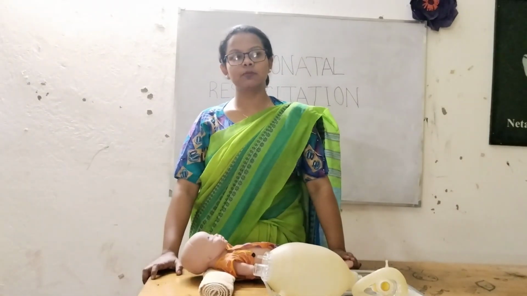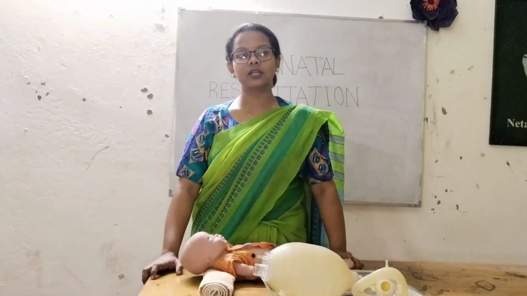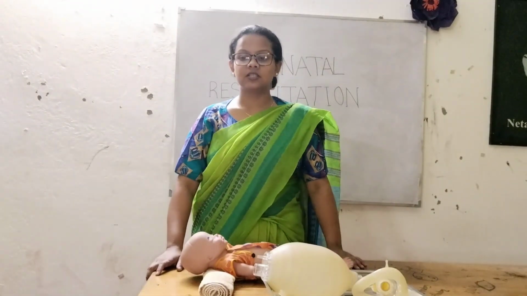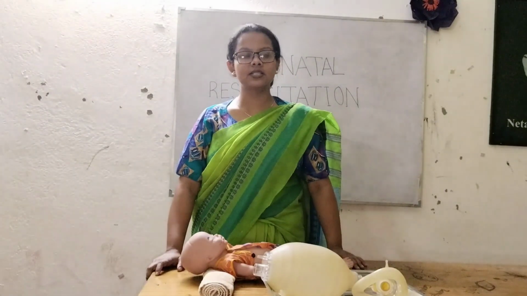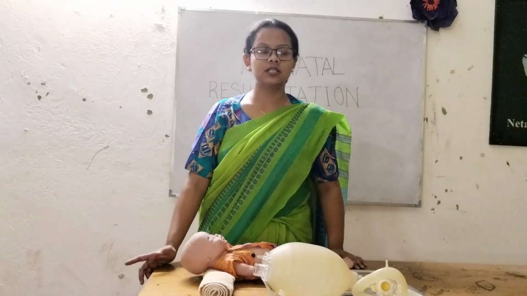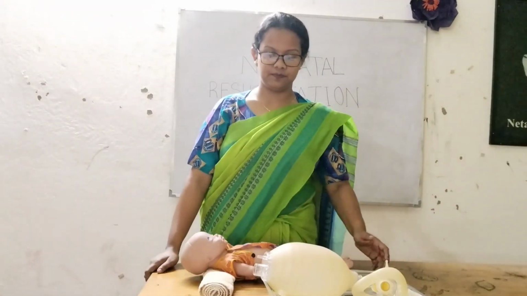Now the dangers of chest compression can be broken ribs, lacerated liver or pneumothorax, etc. After 30 seconds, if the heart rate is still below 60 beats per minute, then we will consider endotracheal intubation.